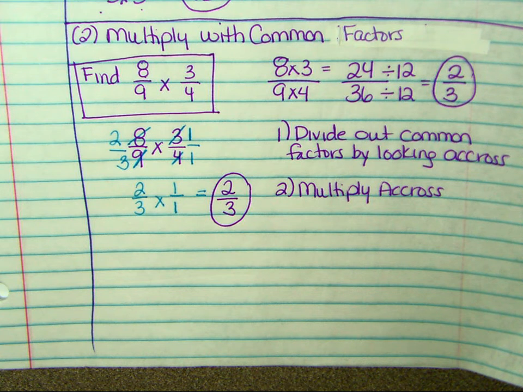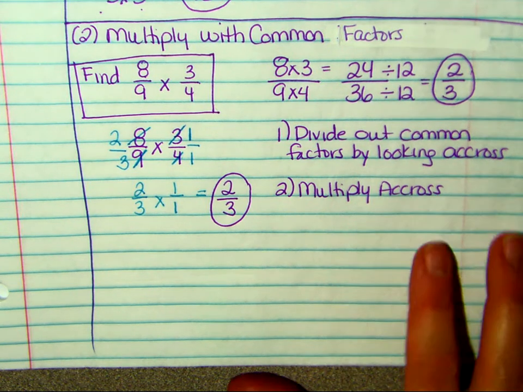So what I'm going to do now, because of space, I really don't think I have enough room to do the next section there. So I'm actually going to go over to page 25 to write the next part. And our next thing that we're going to do is going to be multiplying with mixed numbers. So I'm going to go back to my page 25.